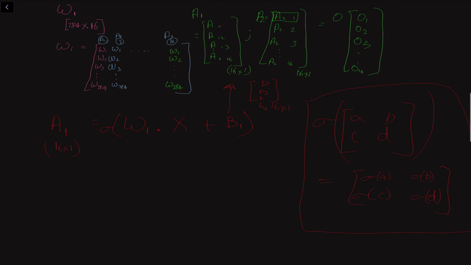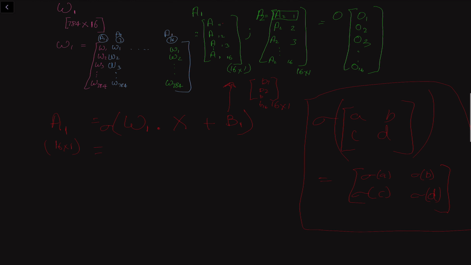All right, so let's look at the dimensions first. So we know the multiplication is correct. It's 784, 16. And X has a dimension 784, 1. And B has a dimension 16, 1. So we're going to have to turn X around.